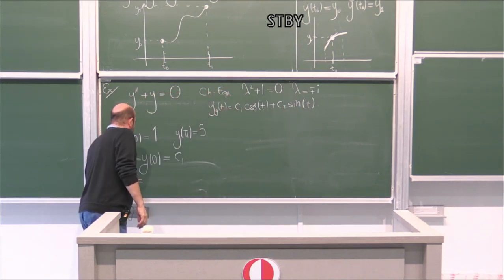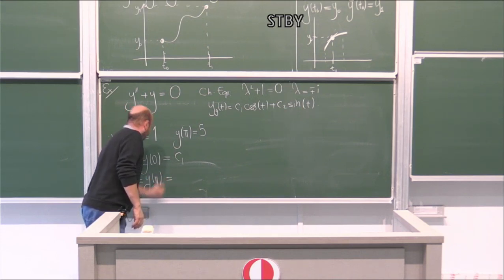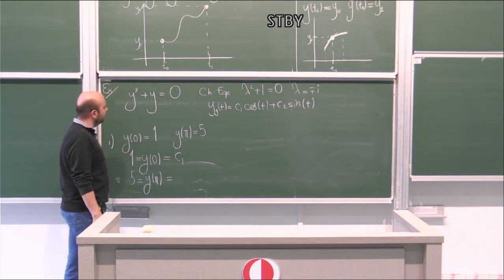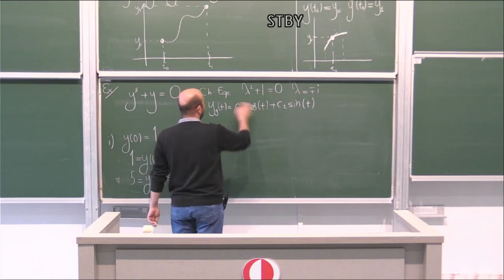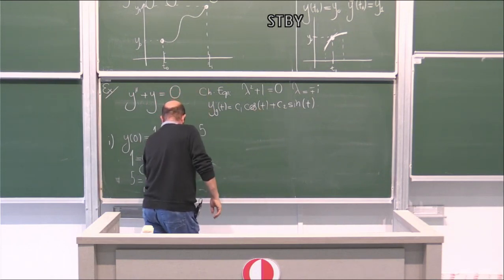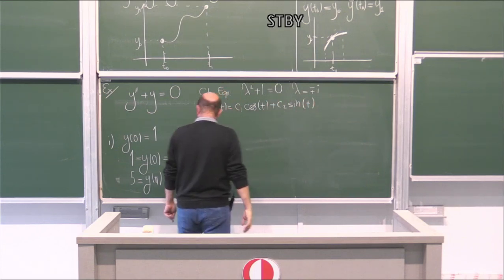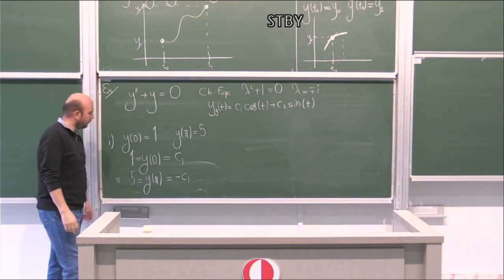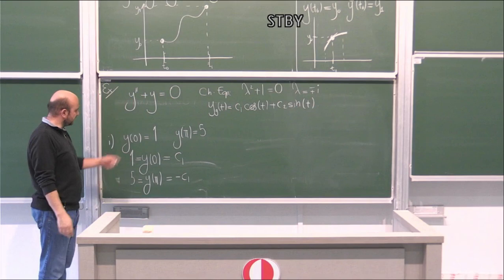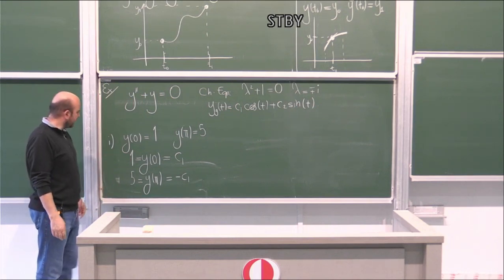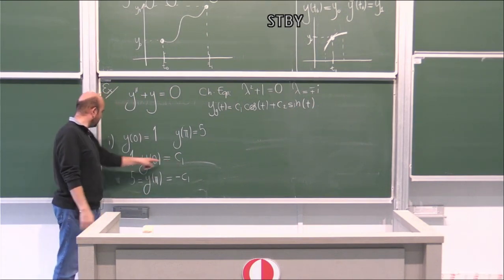And second, when I plug in pi, I need to get 5. If you plug in pi here, cosine pi is minus 1. We have minus C1. And sine pi is 0. So this is what we get. So what does this say now? It says that C1 has to be 1.